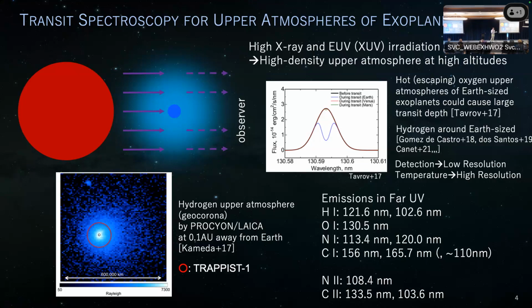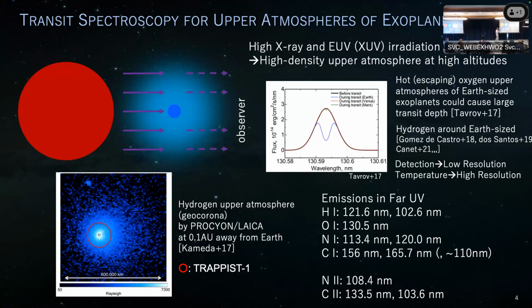But I should say that for Earth, the density is low at the upper atmosphere and it's very thin, so it is not detectable. But for an exoplanet around a low temperature star, even near the habitable zone, the XUV irradiation is much higher than Earth, and that makes the upper atmosphere wider and with a higher density.